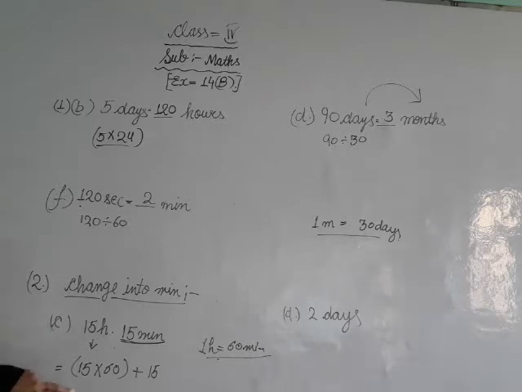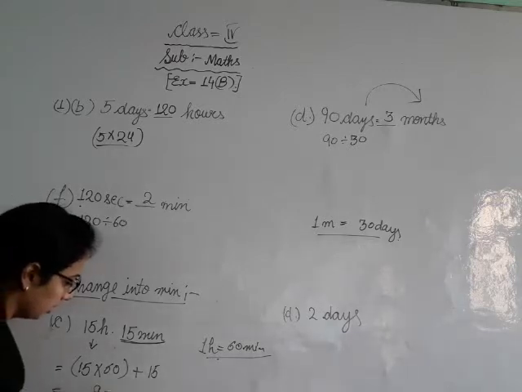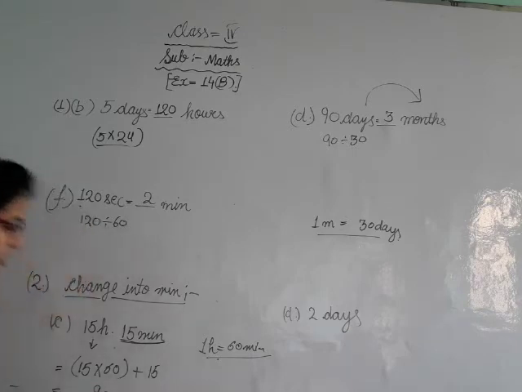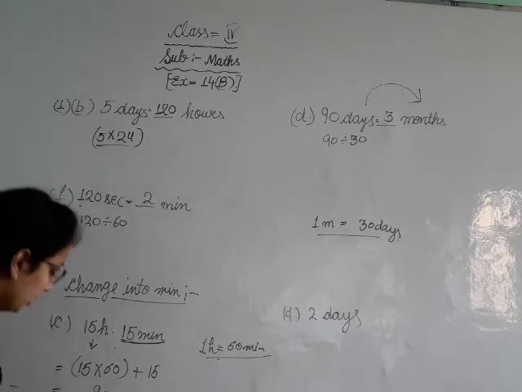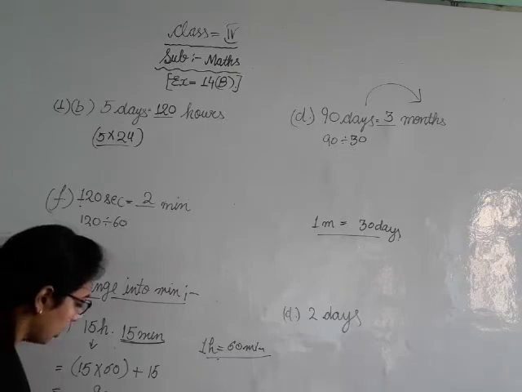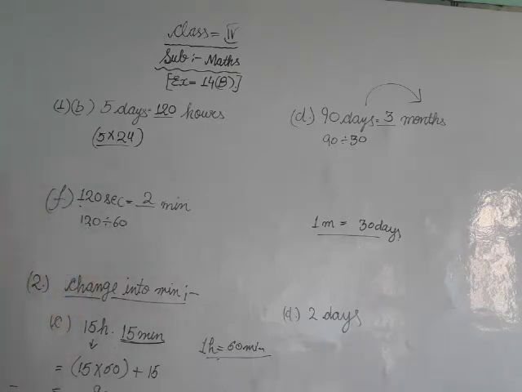Now 15 multiplied by 6 is 90. Then plus 15. And one more 0 will be there because of 60. Then 900 plus 15 is equal to 915.